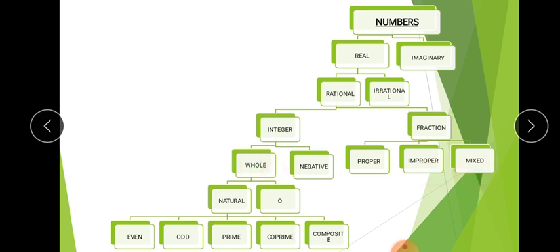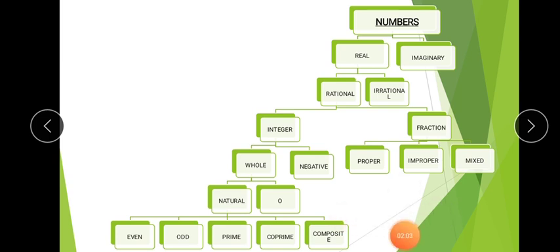Whole numbers has two parts. One is natural numbers and other one is zero. And lastly, natural numbers has again divided into five parts, even, odd numbers, prime numbers, coprime numbers and composite numbers.